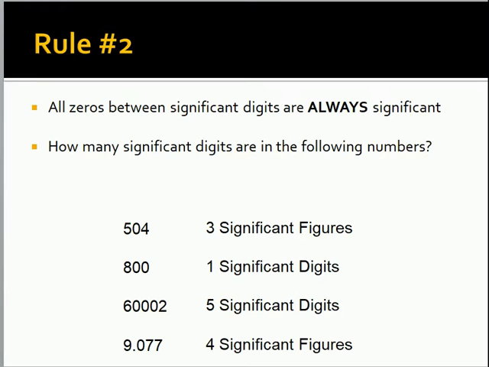Number 2. All zeros between significant digits are always significant. That's the keyword over here: between. So you have 0 over here, 0 over here, 0 over here. So this is not between 2 significant digits.